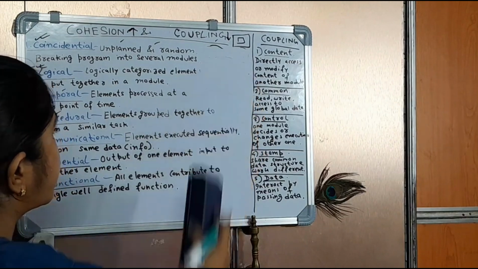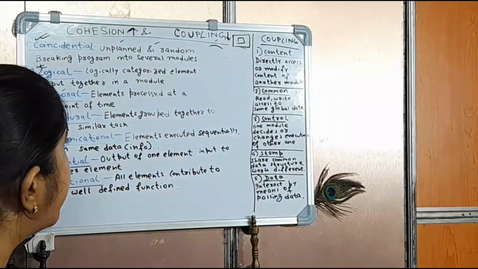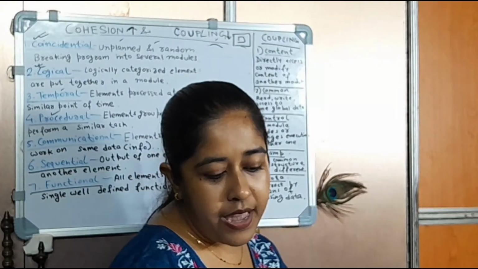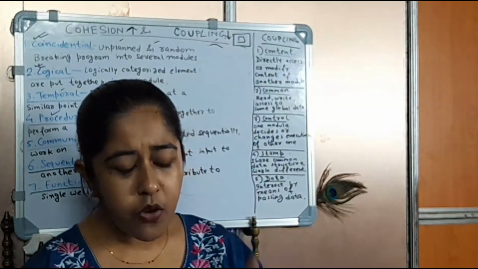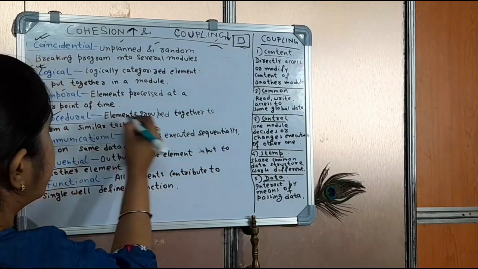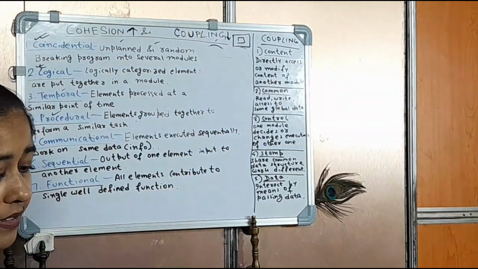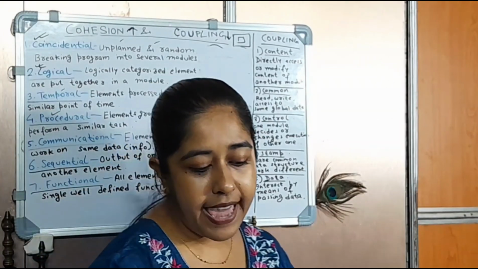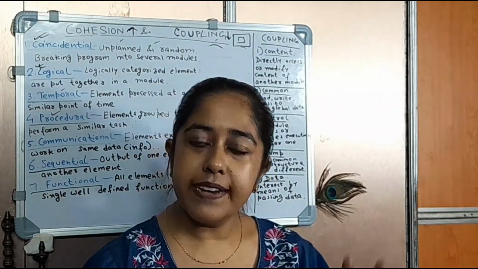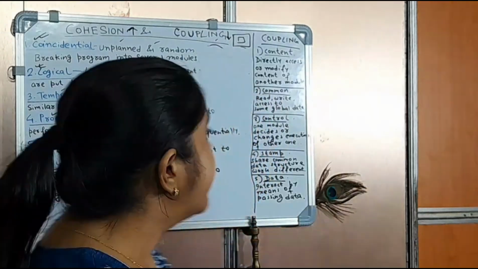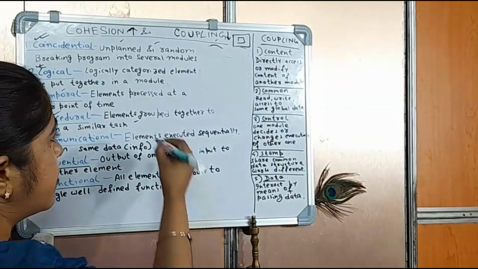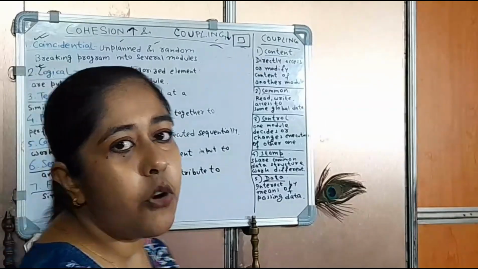Now what is communicational cohesion? Elements executed sequentially work on the same data or info. One more thing in procedural cohesion: we have to see that these are done in sequential order, in a structured way. The elements grouped to perform a similar task should be in a sequential order.